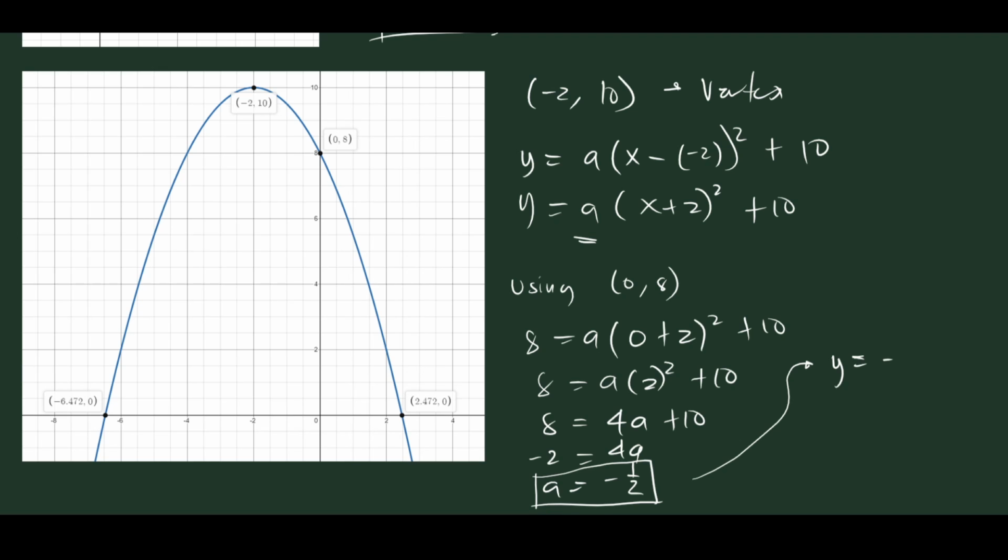So negative 1 half multiplied by (x plus 2) squared plus 10. So this is the equation of our parabola, and I can also convert it into general form using the same method that we did. We just have to evaluate this, distribute negative 1 half, and then evaluate again. You will get the general form.